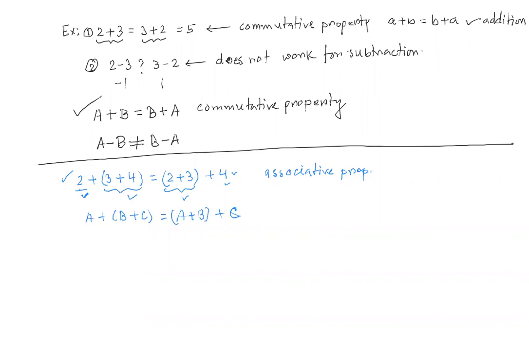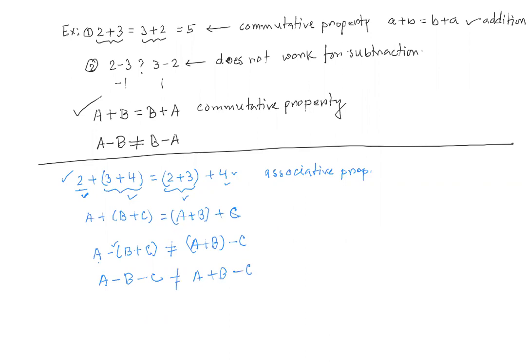It only holds true for addition. For subtraction, it fails. Look, A minus B plus C obviously is not equal to A plus B minus C. Why? A minus B plus C is going to be A minus B minus C, like distributing the negative. On the other hand, on the right, I have A plus B minus C.